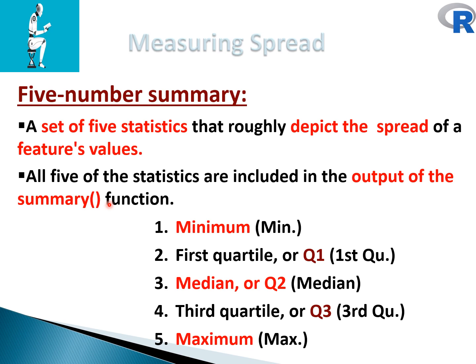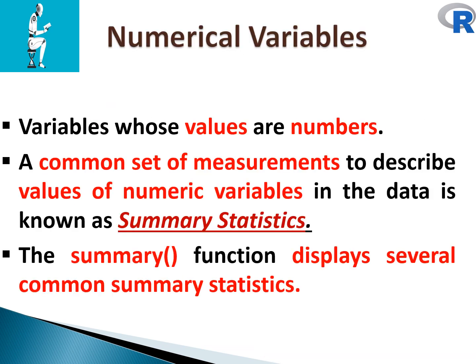So the summary function returns the minimum value, first quartile Q1, median or second quartile Q2, then Q3 the third quartile, and finally the maximum value.